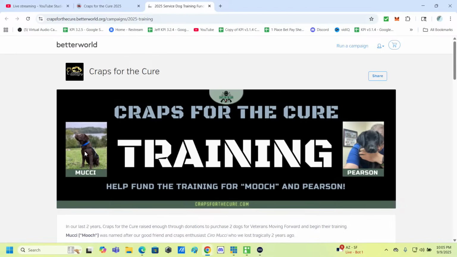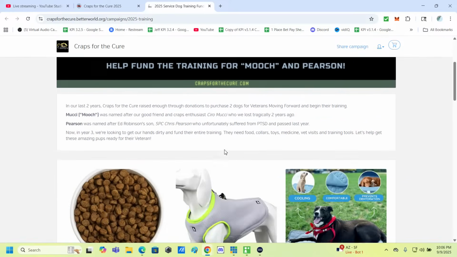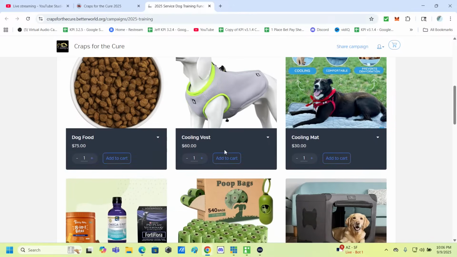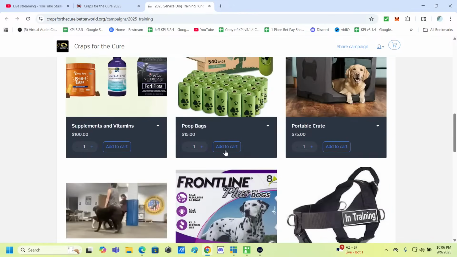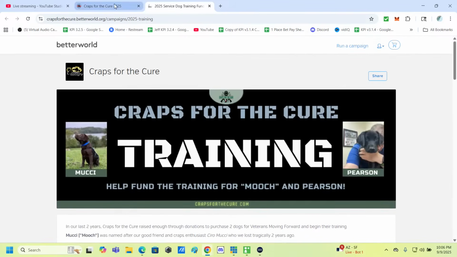You can see the dog on the left here. That's Moochie, the previous dog that was named after, as you know, our good friend. And then over here on the right side, we've got the Pearson dog. You can donate and buy dog food and cooling vests and toys and harnesses and flea and tick stuff that they may need.